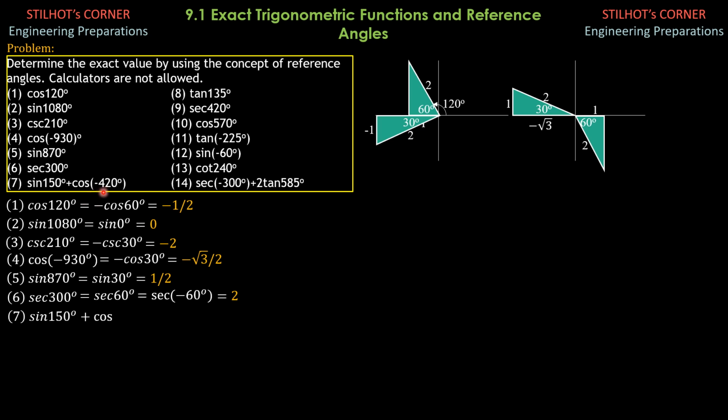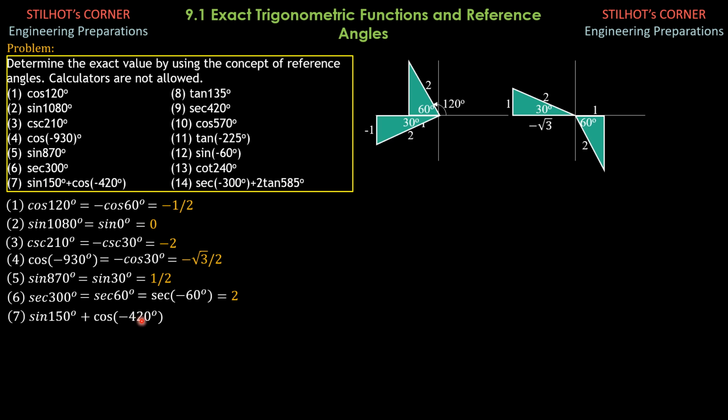Cosine of negative 420 degrees. So this is for 150 degrees. For negative 420 degrees clockwise, so that's 360 degrees, then negative 360 degrees, then minus 60 degrees is negative 420 degrees. So this is the terminal side of the negative 420 degrees.